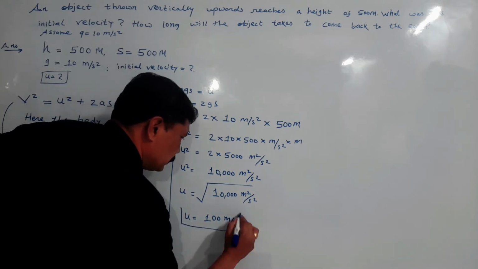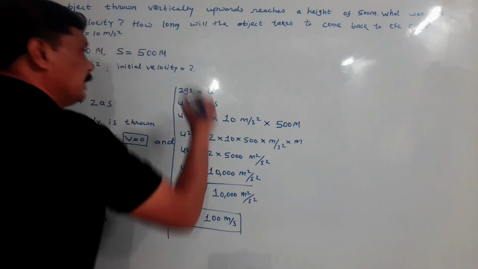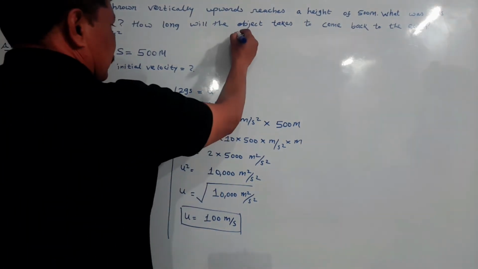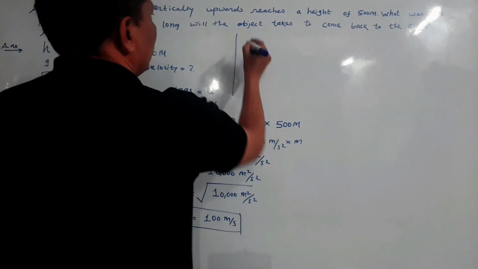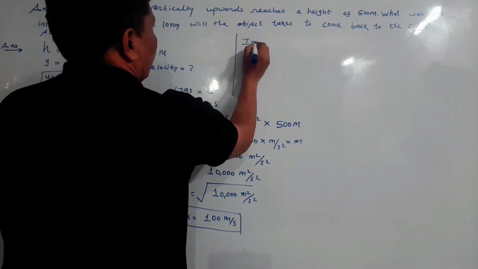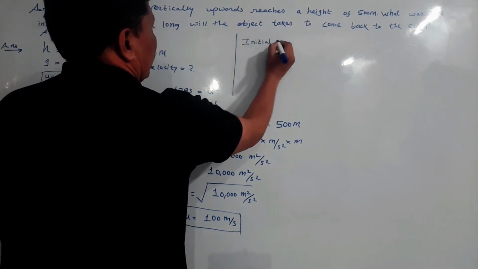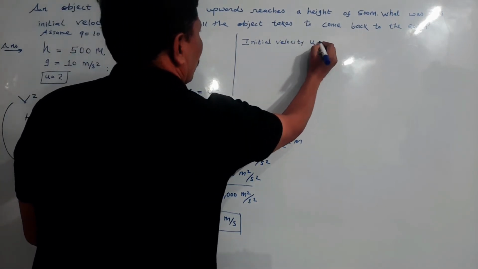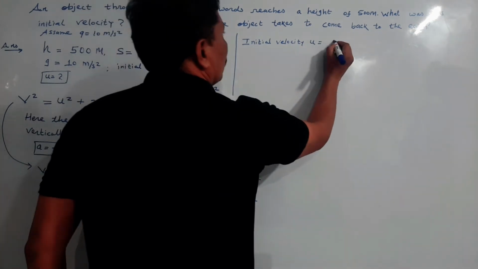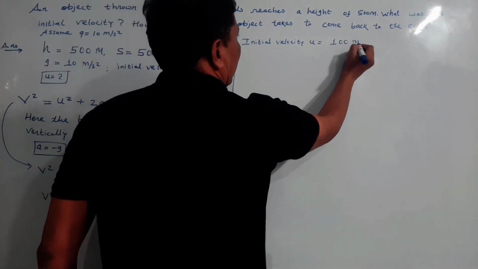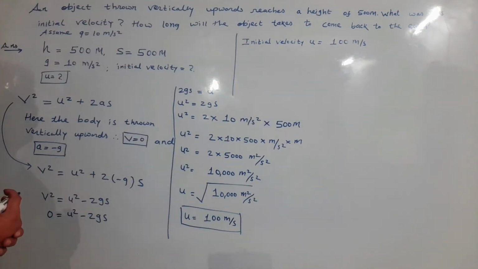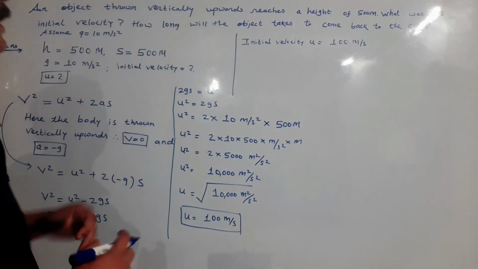So my dear student, when we throw the body vertically upward, we got the initial velocity u is equal to 100 meter per second. But my dear student, now again we also have to calculate the time required for the body to attain 500 meter.